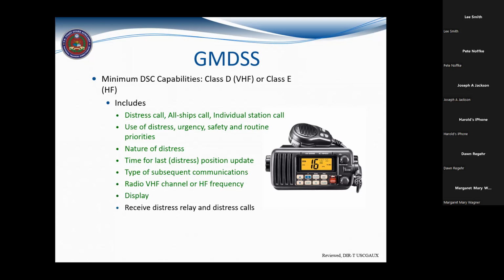It will also receive these signals and store them in a digital log so that you can look back. Of course, the recreational boat radios have very small screens. They aren't the easiest to read, but the information is there if you need to recall a position for distress or proceed for assistance.